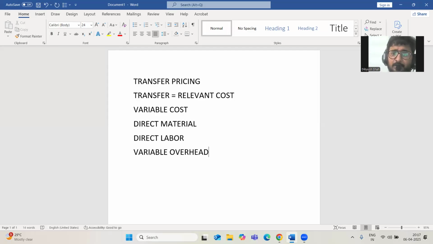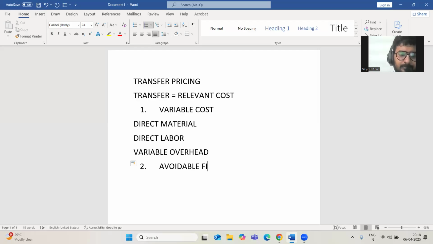So generally the transfer should be done at relevant cost, and the first relevant cost is always variable cost of manufacturing. Second, we have any avoidable fixed cost. That is fixed cost which would otherwise not be incurred if not for this decision.